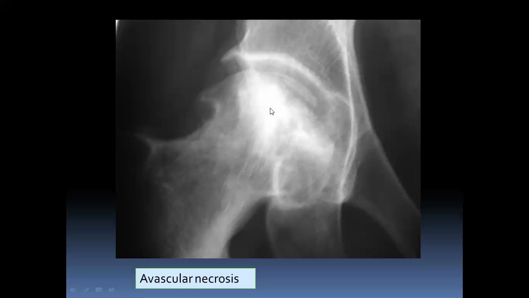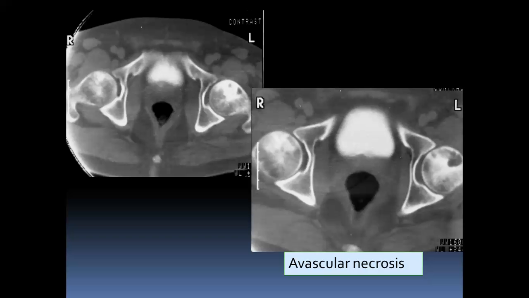Sclerosis means the dead parts. Here is the separate fragment, but to have this separate fragment we have some stages: a stage of heterogeneity, stage of attempt to separation, stage of complete separation and acting as a loose body within the joint.